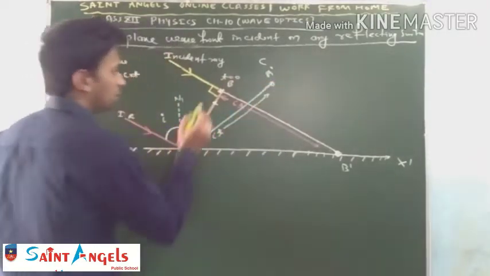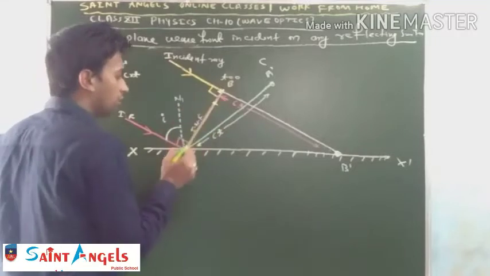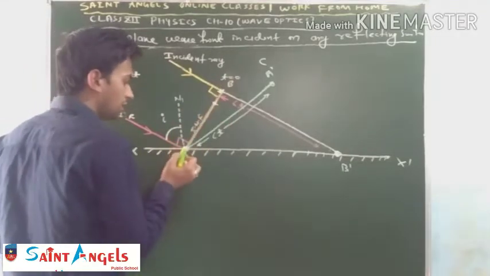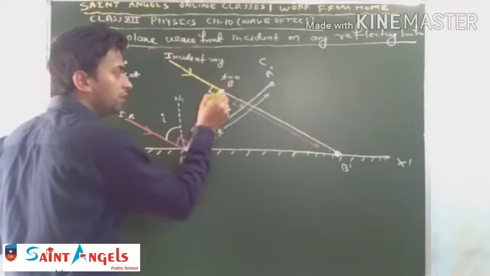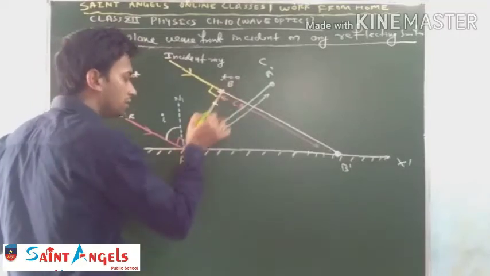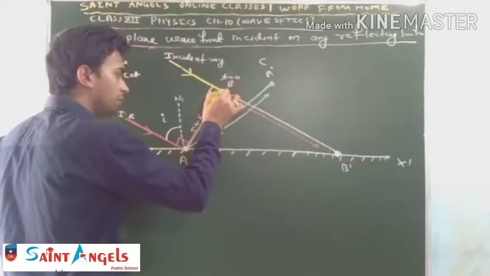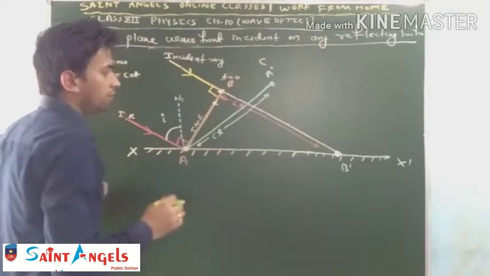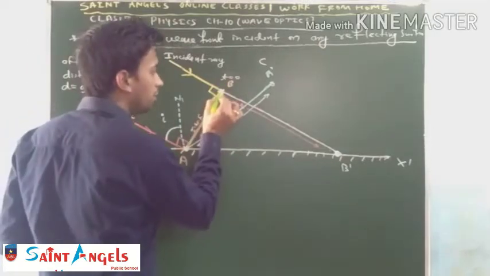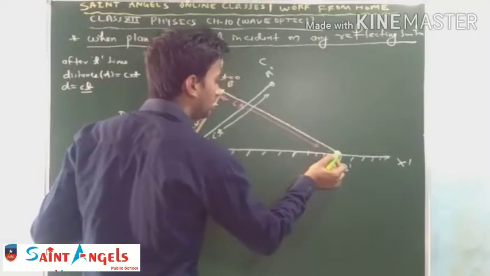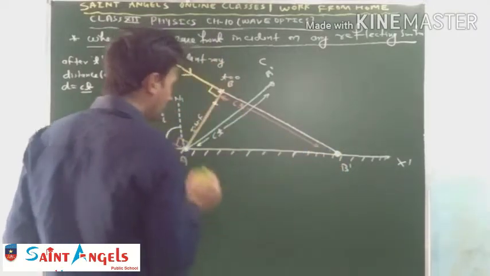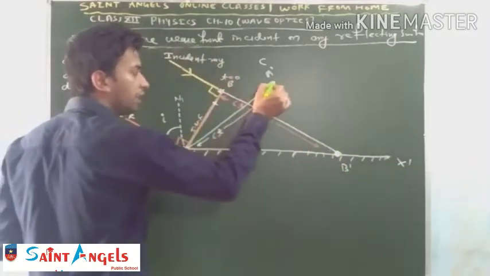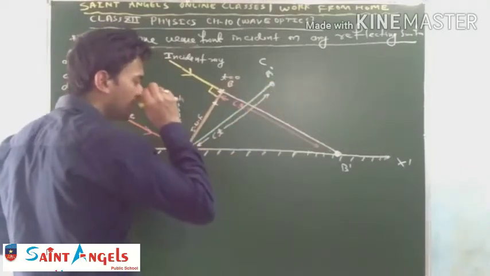It means initially A is at that point and B is at that point, and the plane between A and B is the incident wavefront. After t time, B reached B dash by traveling distance ct and A reached A dash by traveling also distance ct.